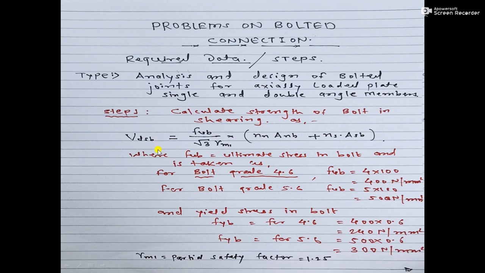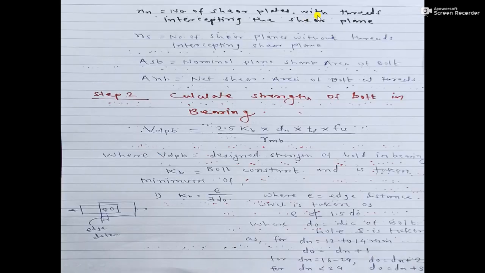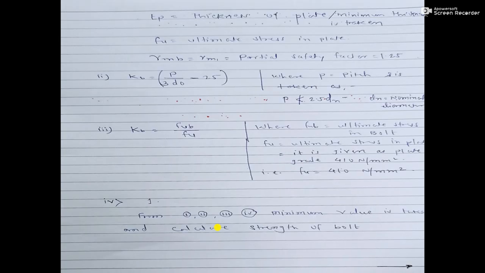From that, you calculate the strength of the bolt in bearing using this formula, where Kb is the bolt constant, taken as the minimum of the following four: e upon 3d0, P upon 3d0 minus 25, FUB upon FU, and 1.